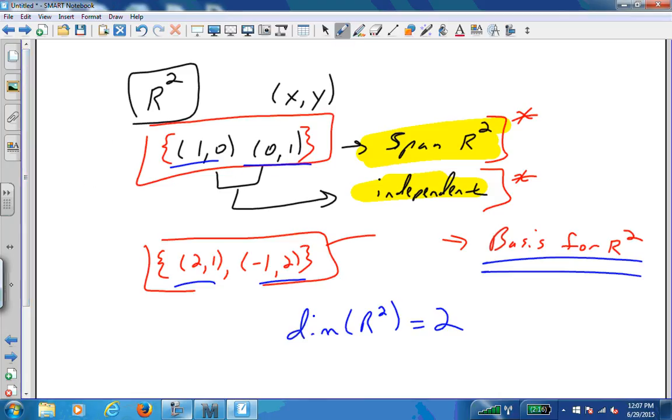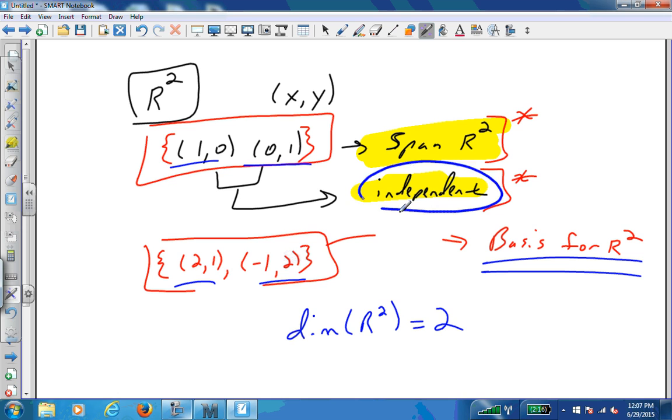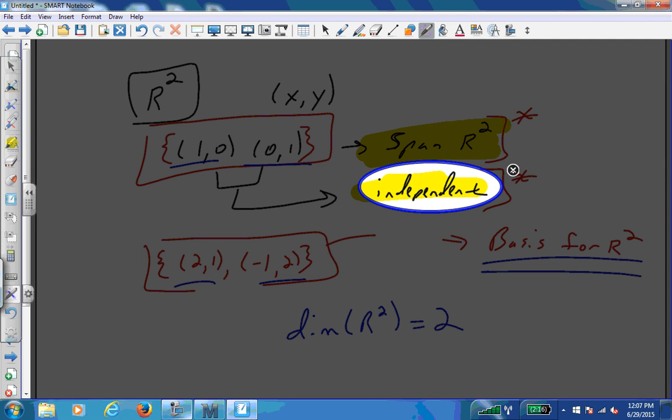On the other hand, if we were to omit one of the vectors, for example, in the first set, if we omitted that one, we can't form every possible vector using just this one. Or in the second set, if we omitted that one, we couldn't form every possible vector using just this one. So adding an extra vector makes it not independent.